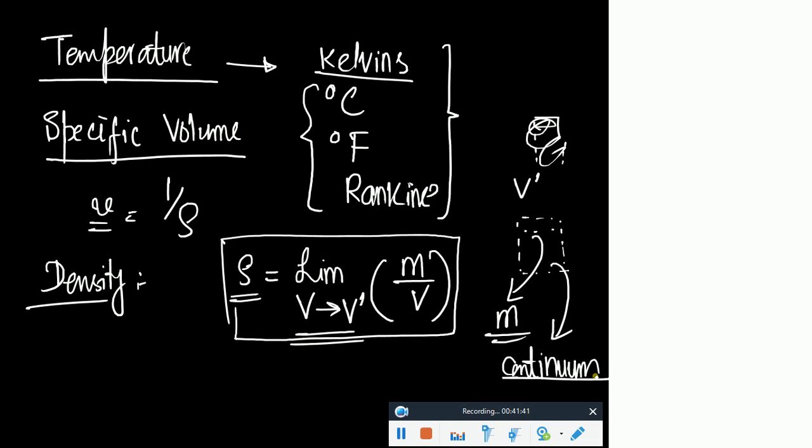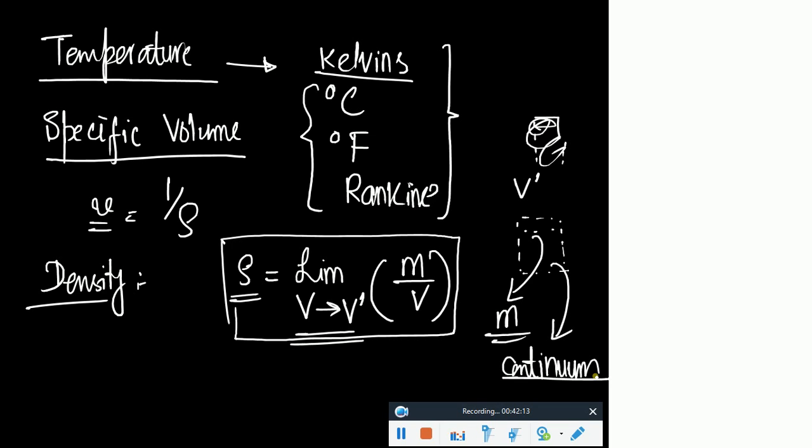A very layman's concept would be to find out the mass, find out the total volume, and then say this m over v is density. But generally this is not the case. If you look at it from a mathematical point of view, you need to describe density. You have already understood that density is an intensive property, so it should be defined over a point.